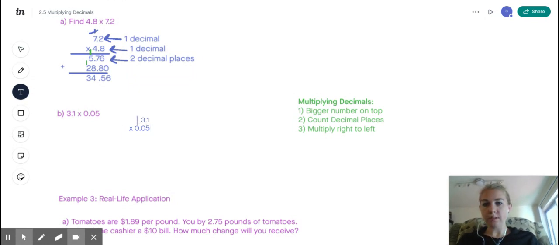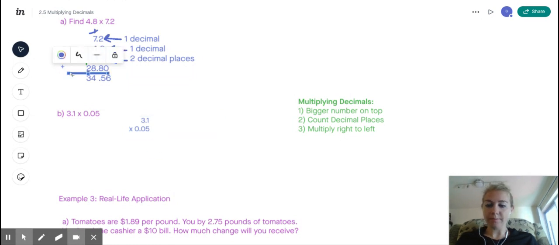I'm always going to line up the numbers on the right. See how I moved the 1 over to the 5? So the decimal places aren't lined up, but that's okay. We want our numbers to line up, not the decimal places.